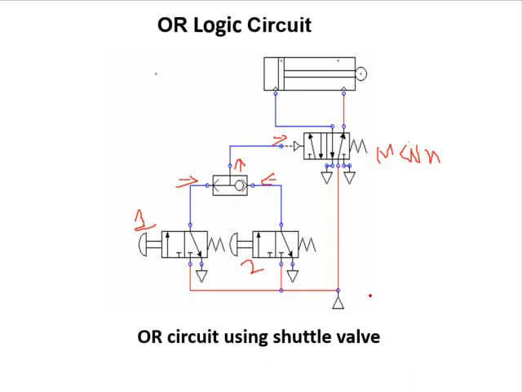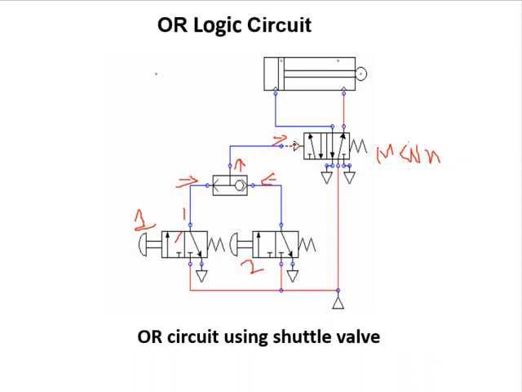In this circuit, initially these two push button valves are closed and there is no supply to the shuttle valve. Now if I press push button 1, then this position will get actuated, and you will get the supply through this line and it will pass through this shuttle valve towards the pilot line of the main DC valve.